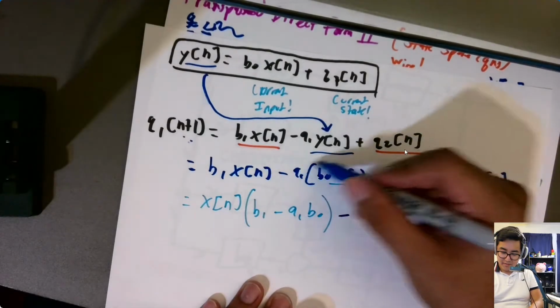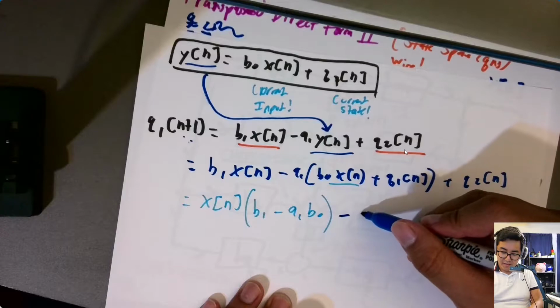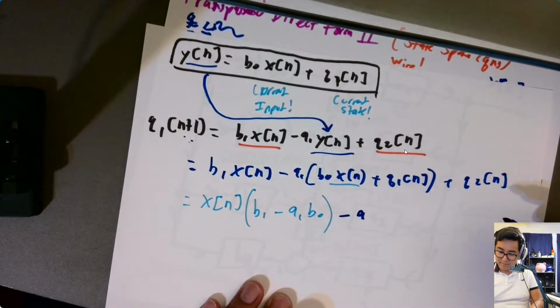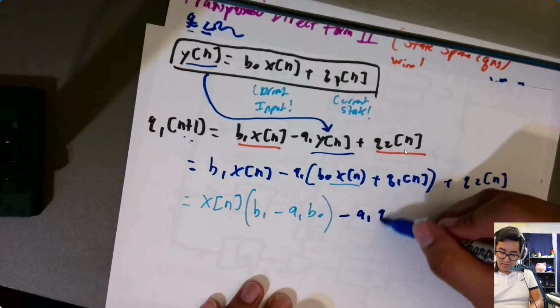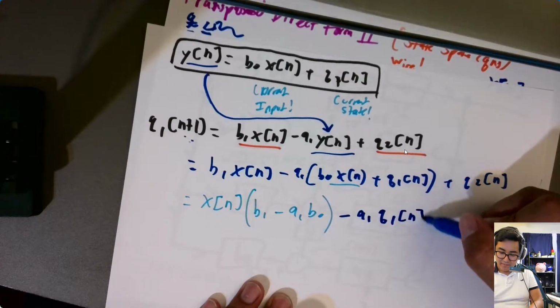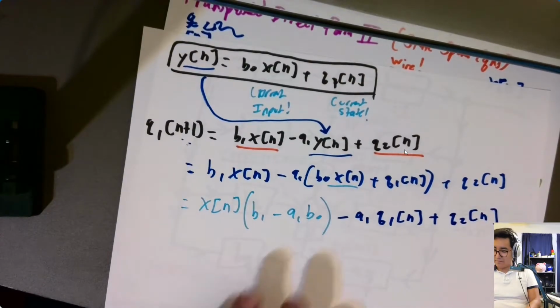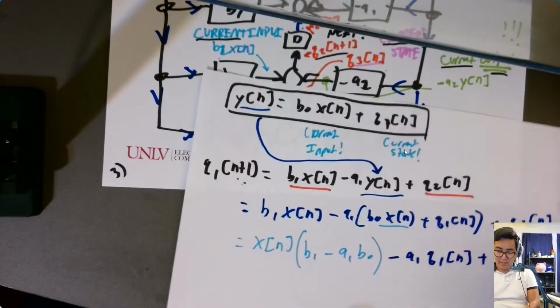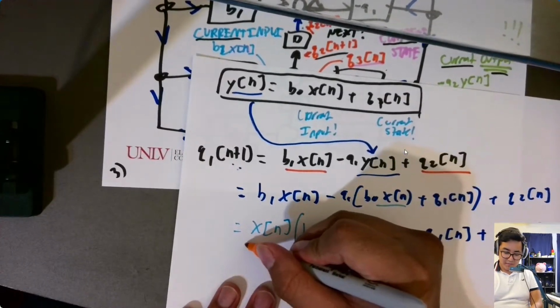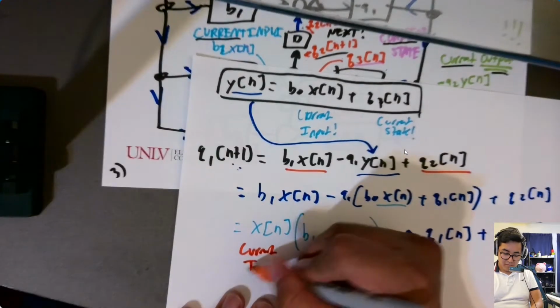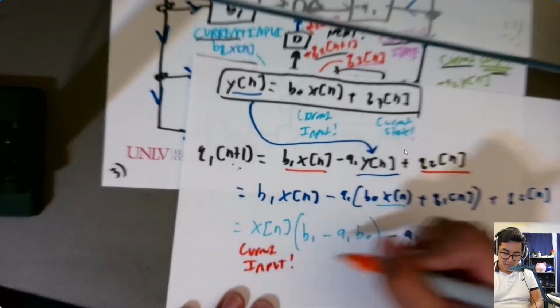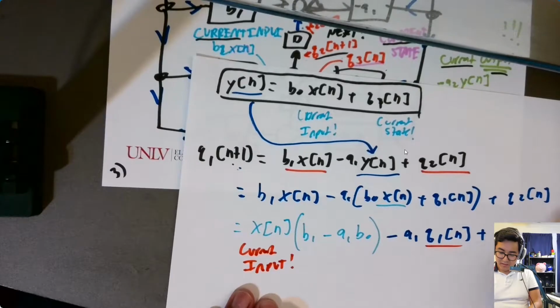Minus, got this first node, a of 1, q of 1 of n, plus q of 2 of n. Okay, and now we have current input and current states.